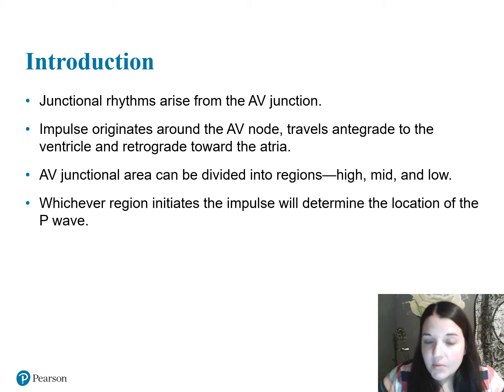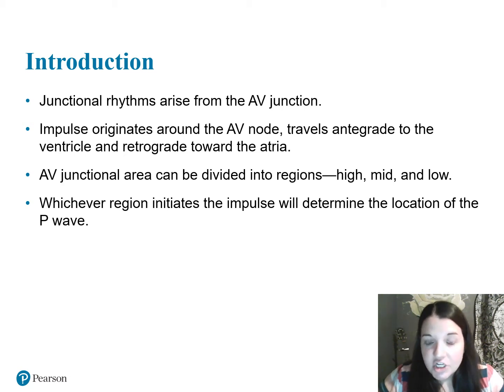My atrioventricular node is in between my atria and my ventricles, and if I have an impulse that is going towards my atria, it's going back up. It's going backwards. Retro. Think about your music. Retro. So if I am going retrograde, I'm going backwards. And if I am going antegrade, I am going forwards towards my ventricles, retrograde backwards towards my atria.